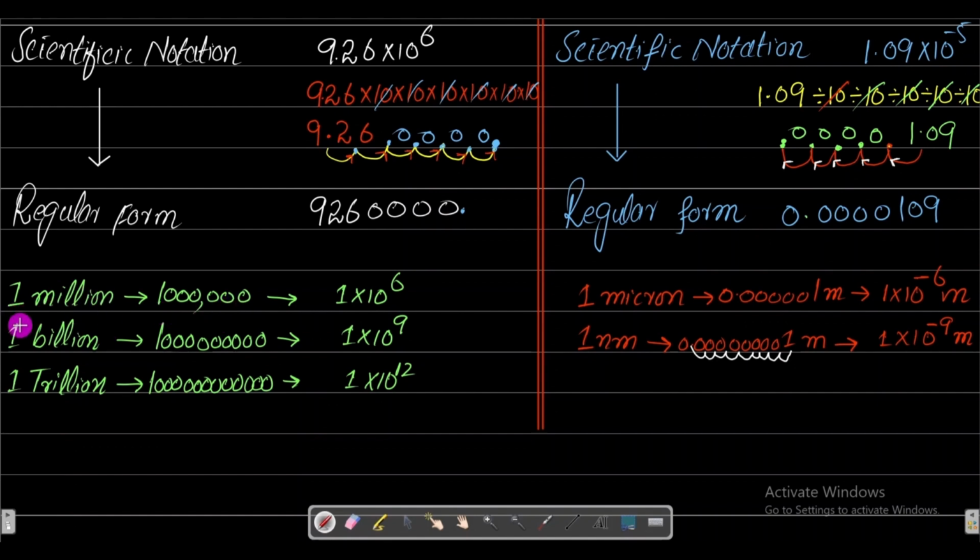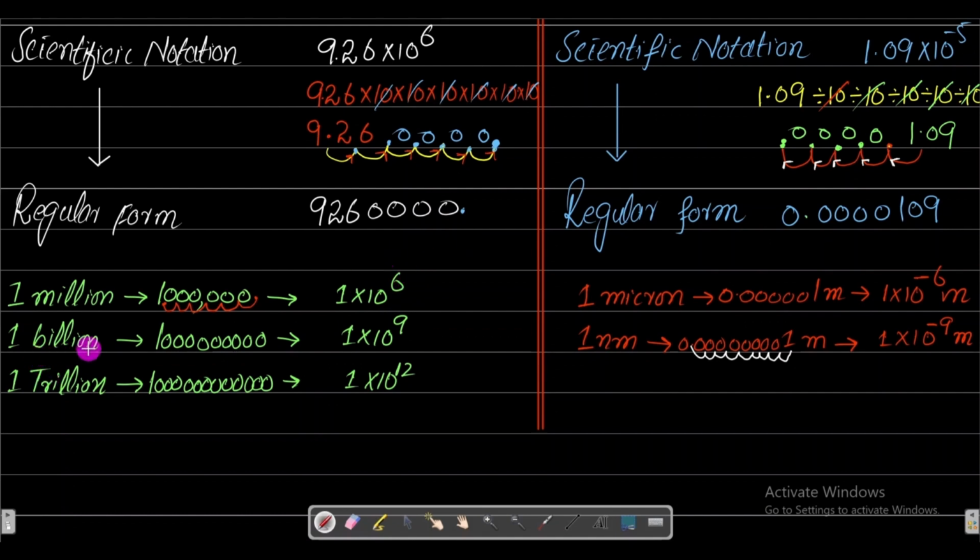And the scientific notation of 1 million is this. The point is here, and we will take the first step, second, third, fourth, fifth, and sixth. Okay, so 1 multiplied by 10 power 6.